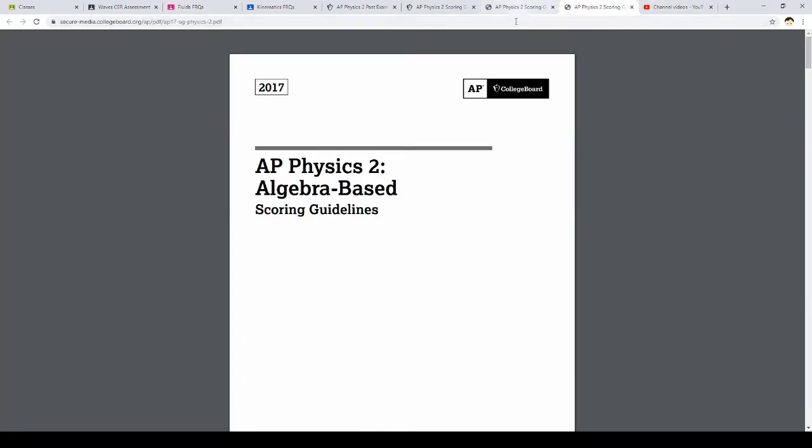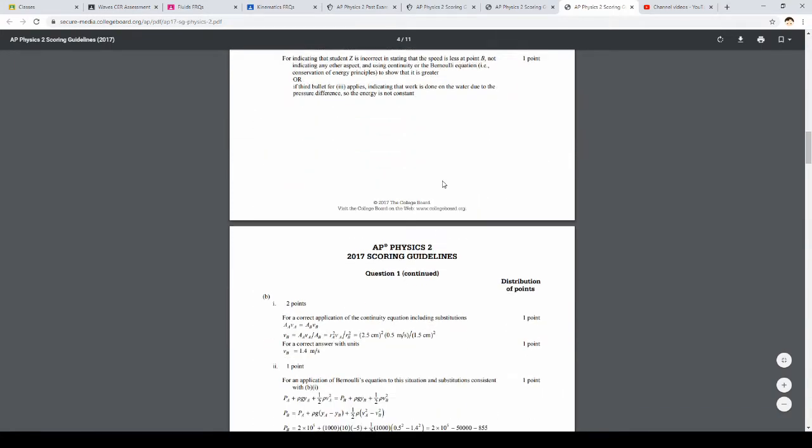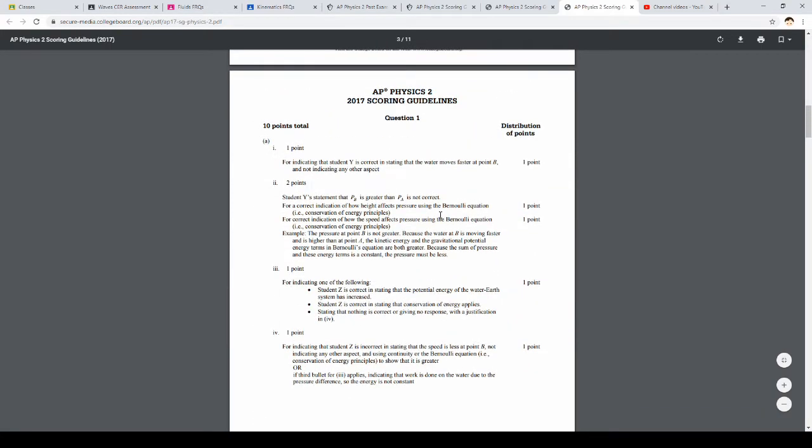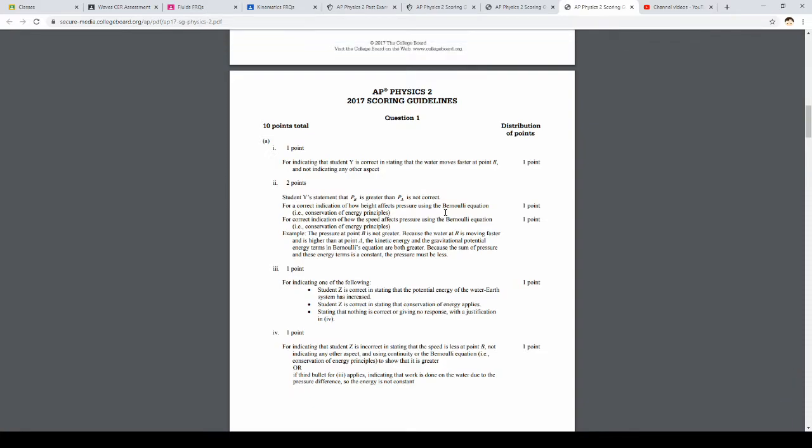So we're going to look in our 2017 answer document, and this was question 1. Part A1 is 1 point for indicating that student Y is correct in stating that the water moves faster at point B and not indicating any other aspect.